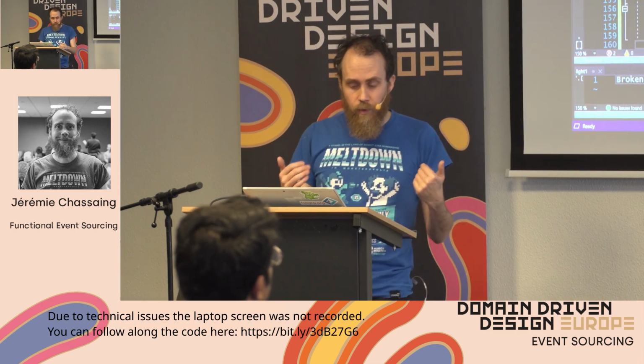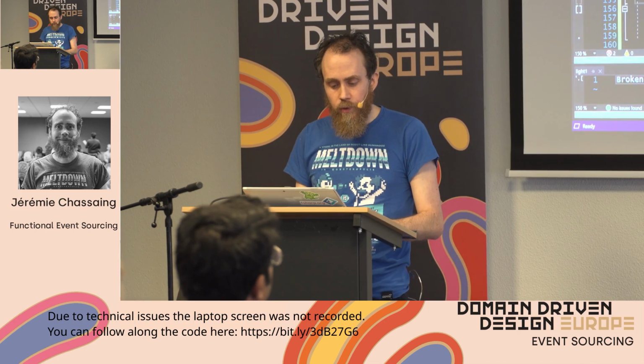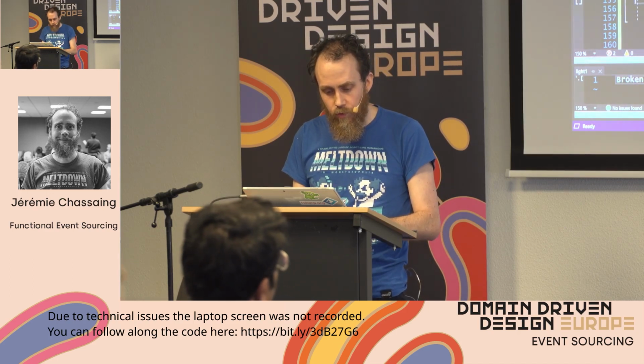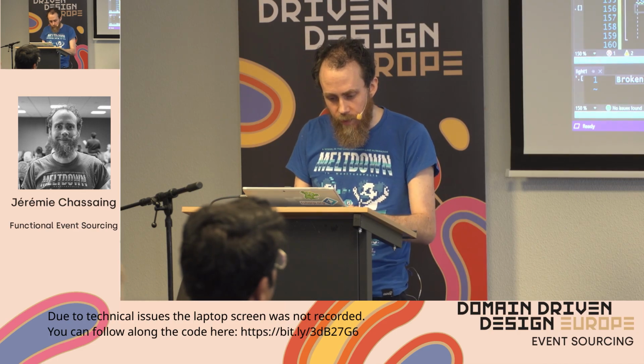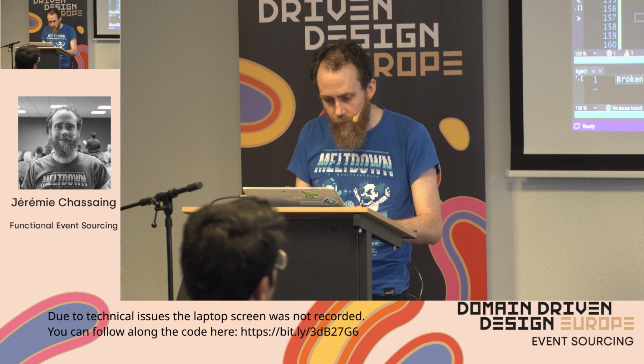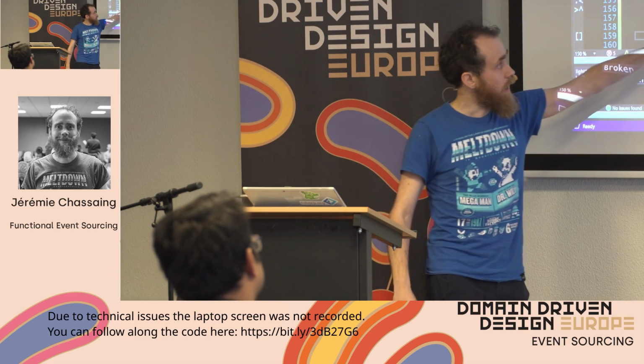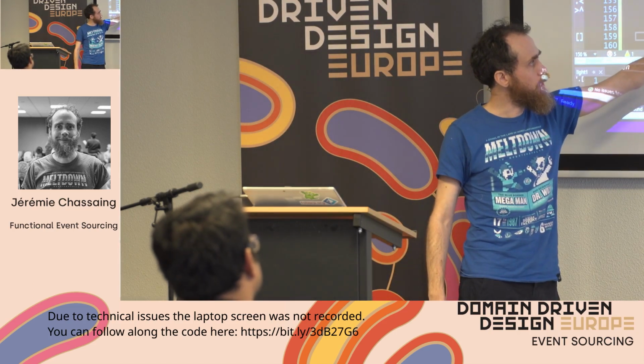But to be ready for if I don't want to keep state in memory, I can just do this one. If I want to not keep state in memory, the easiest version is this one. So I load all the events for this name.